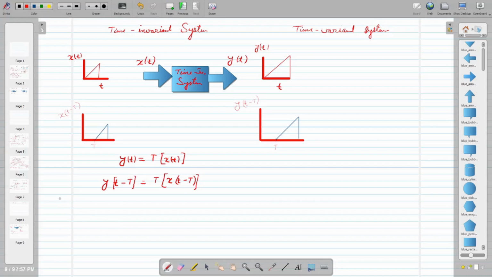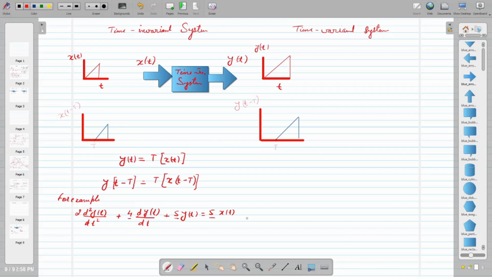So for example, we are having 2 d square y, the double derivative of y with respect to time, plus 4 dy(t) by dt, the single derivative of y with respect to time, plus 5y(t), is equal to 5x(t). So you can see the coefficients are constant terms, then the system is time invariant.